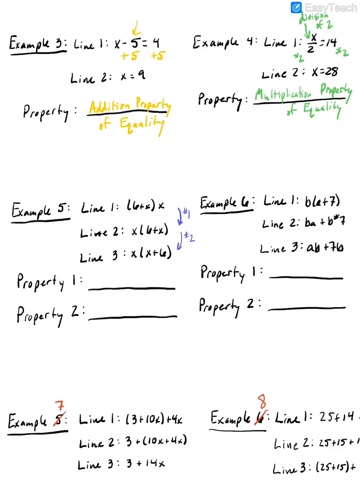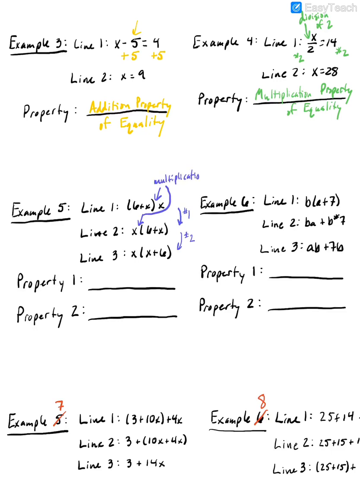So looking at line 1, I have in parentheses 6 plus x and then times x. So for that one, notice that from line 1 to line 2, the position of x and 6 plus x have been switched. So we need to first figure out how x and 6 plus x are connected to one another. Since there's no sign in between, it's not addition, not subtraction, not division, the only one that would be represented just by sitting next to one another is multiplication.